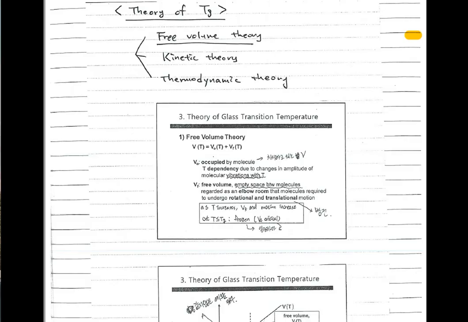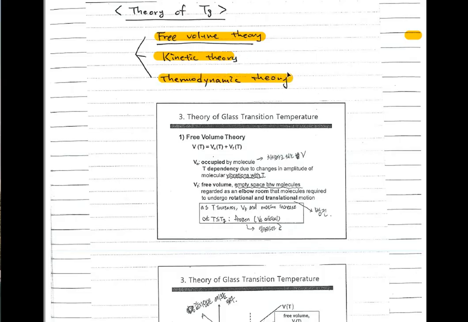So I'll briefly introduce a few of them. As you see in the lecture note, there are a few theories which try to explain glass transition, including free volume theory, kinetic theory, and thermodynamic theory.